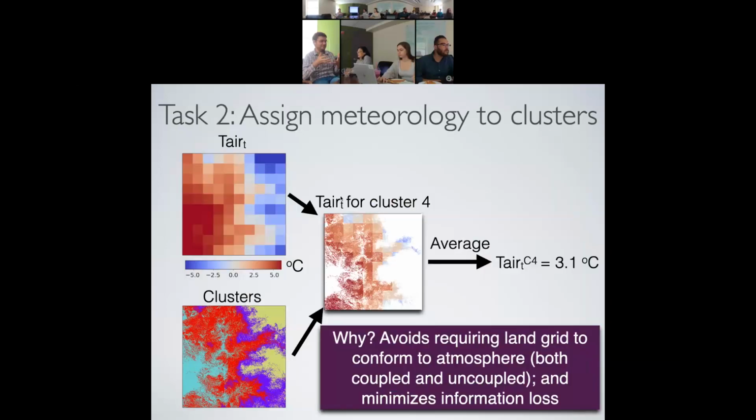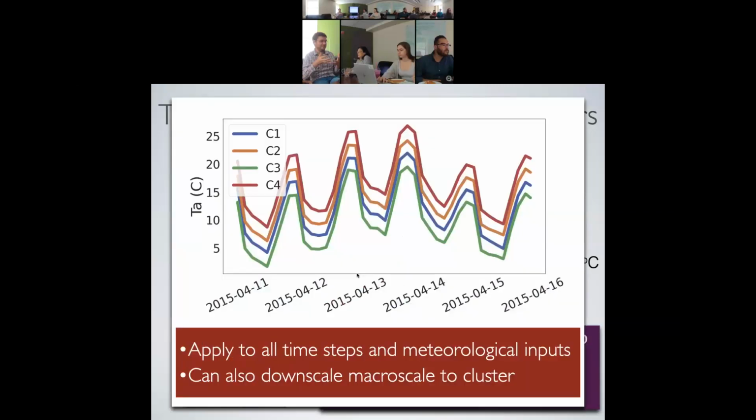The other one is, this is more of an offline application of this. So if you have a way to downscale within a subgrid downscaling, this would also be applicable. But effectively, if you have some high resolution distributed meteorology that's higher than the grid that you're running at, based on the cluster map you can figure out which of the meteorological grid cells correspond to your tile, and you can arrive at a characteristic time series of the meteorology for that cluster.